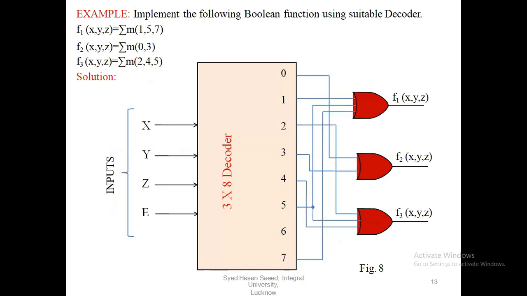Which type of decoder will you use? 3 by 8 decoder. E is nothing but the enable input, and that is up to your wish whether you give the enable input or not, no need.